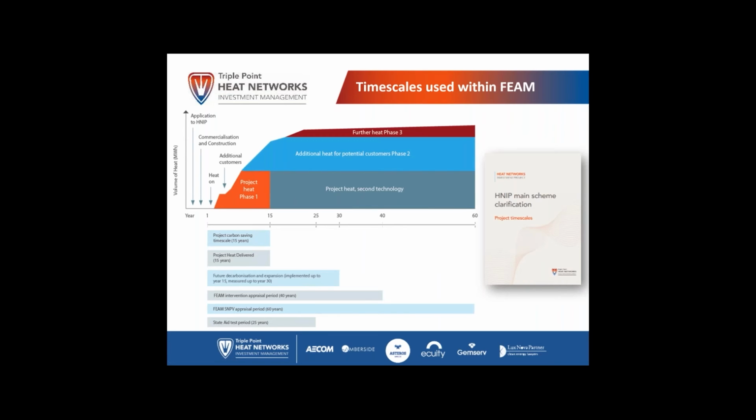So, in relation to timescales, this is another important issue. You'll see in the data input sheets that they go out to year 60. We recognise that some projects might only be expected to last 40-45 years. That might be the commercial length of the investment, but I'm afraid we need 60 years' worth of data.